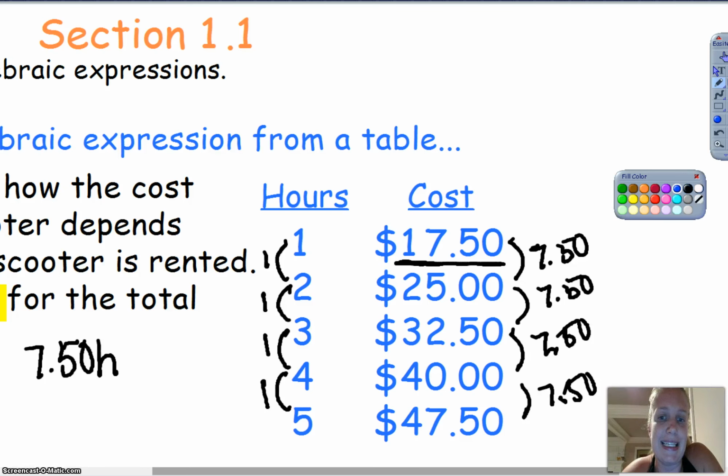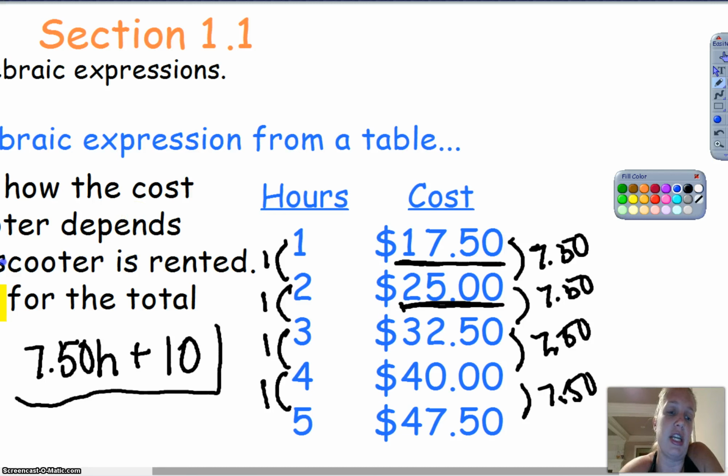I'm off by $10. If I did 2 times $7.50 for 2 hours, I would get $15. Again, I'm off by $10. So I know I have to add $10 to my expression. And that will help me figure out how much it will cost for however many hours. And this is the expression answer we're looking for.